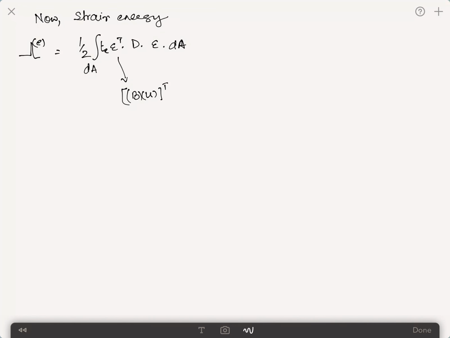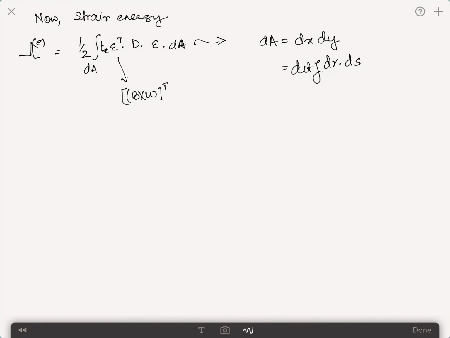And then finally we can also write dA, the area, as dx dy, and if I want to transform dx dy to dr ds, then I need to multiply it with the determinant J for doing the transformation, as you might have understood by now.